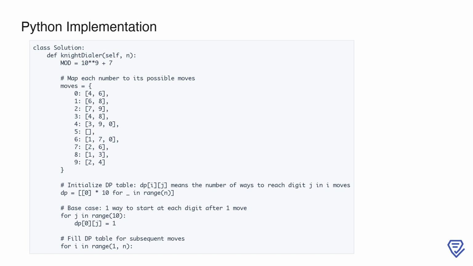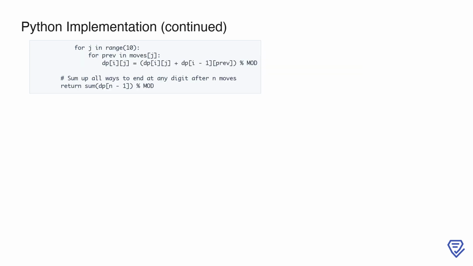So, we set dp[0][j] to 1 for all digits j from 0 to 9. Finally, we use a nested loop to begin populating the dp table for subsequent moves, starting from the second move onward, with i iterating from 1 to n-1. Now, for each move i, we iterate over all the digits j on the keypad. For each digit, we look at its possible previous positions using the moves dictionary.